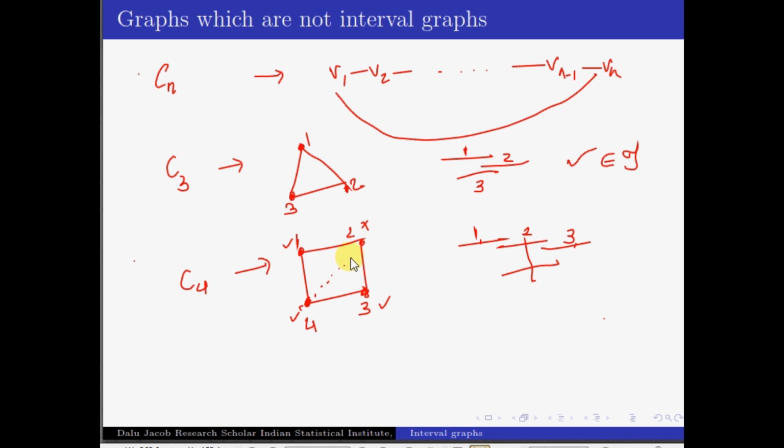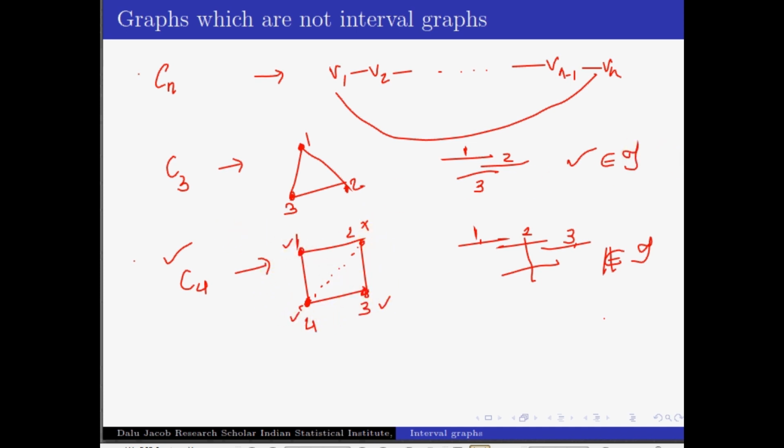So in this way we can conclude that C4 does not have an interval representation, or in other words, C4 cannot be in the class of interval graphs. So we got one such graph which has to be forbidden from the interval graphs. It's not the case only for C4, even if the graph has some extra edges.